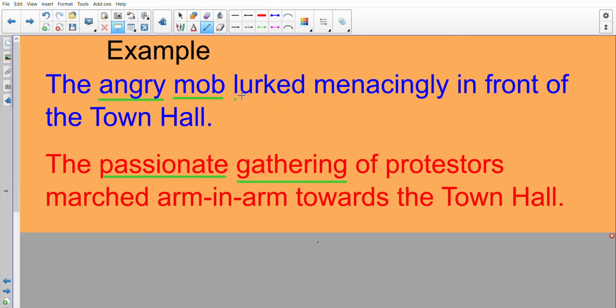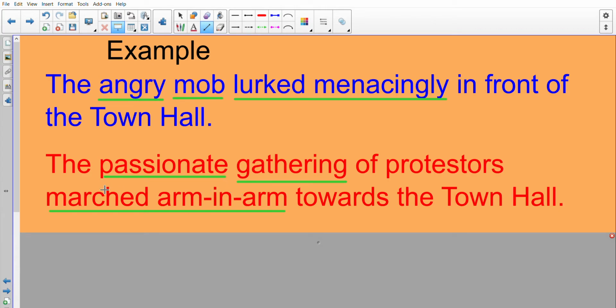This one, they lurked menacingly, okay? So they're lurking means hanging around, just being up to no good. Menacingly means there's some kind of threat. These people, though, they marched arm in arm. So they're marching in one direction like an army. Arm in arm shows that they're together and they're peaceful, okay?